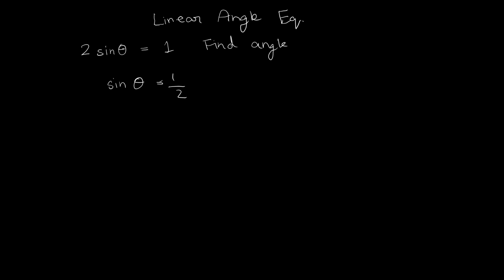And now we know the sine theta is 1/2. After the first point 0, it reaches 1/2 at 30 degrees. So as we know, the theta would be 30 degrees.